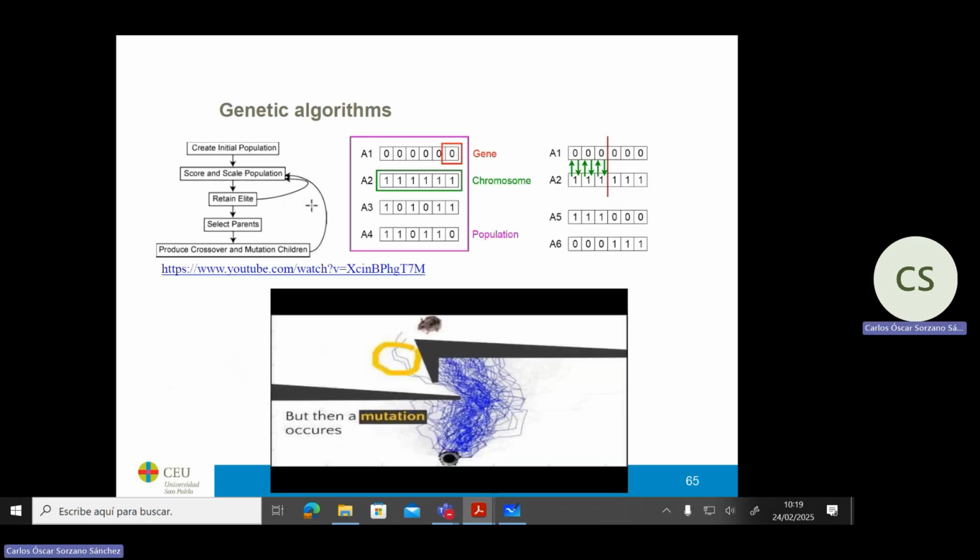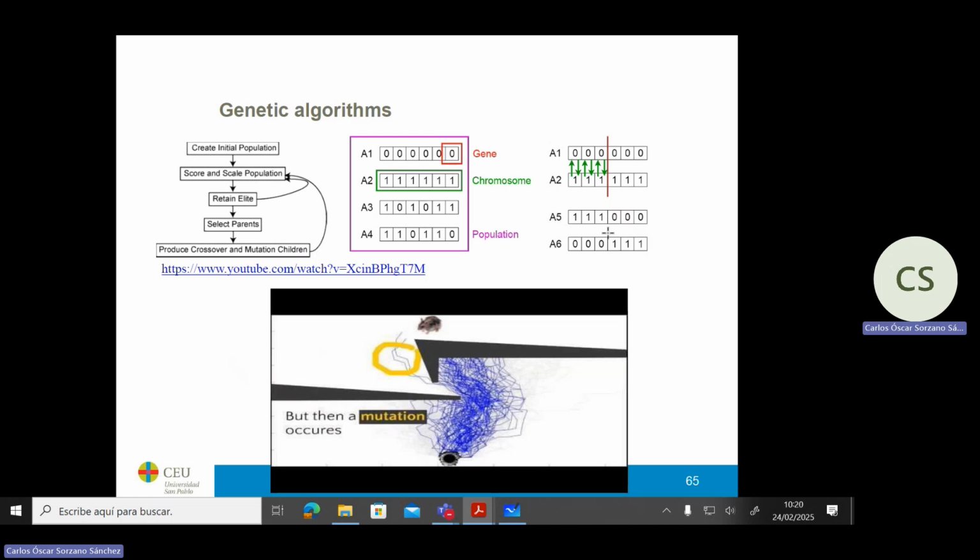There are some other algorithms, genetic algorithms. Have you seen genetic algorithms? Okay, so they try to mimic how populations evolve. Each one of us has a chromosome, or a genetic composition, and the evolution of the population is based on two operations. One is mutation.